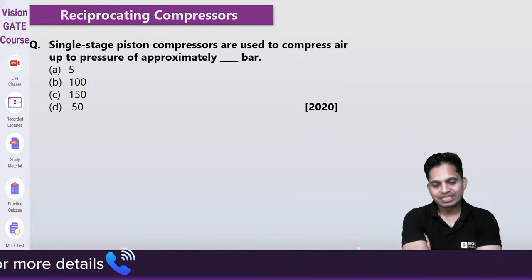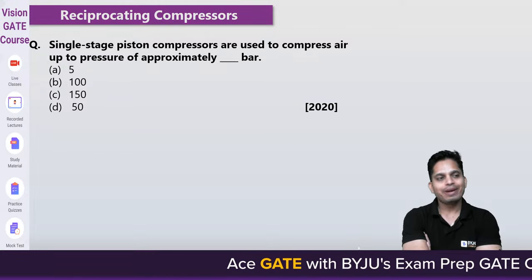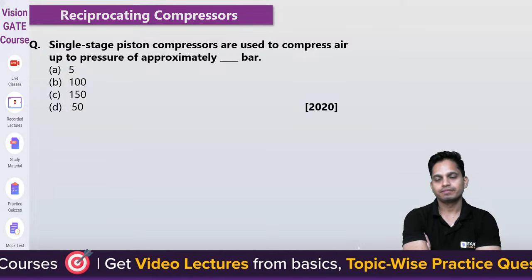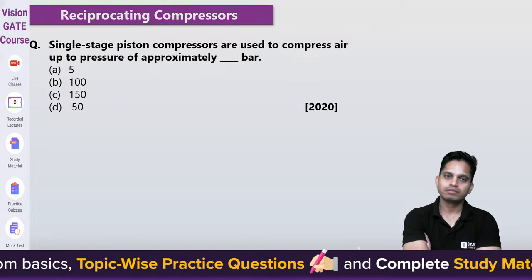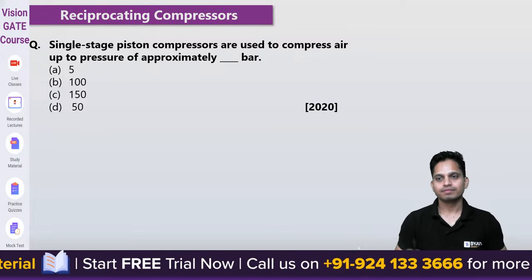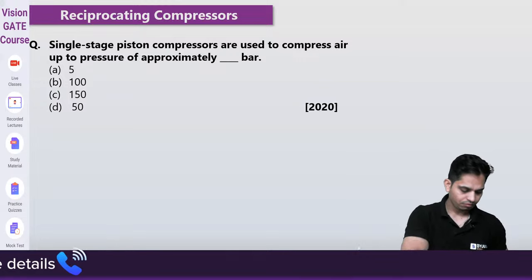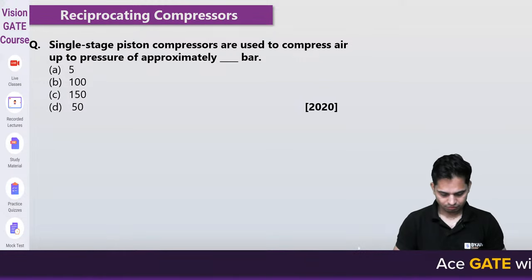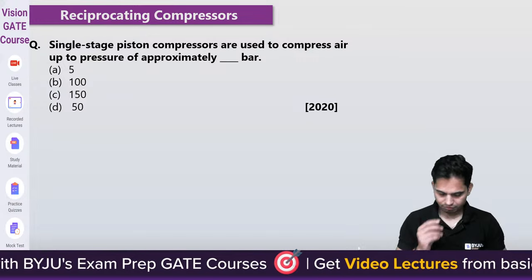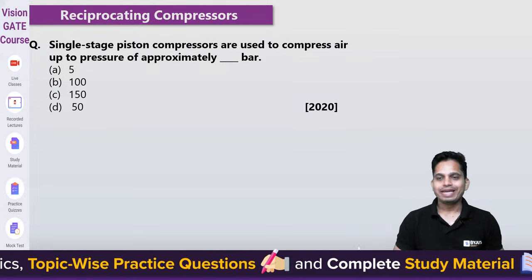Single stage piston compressors are used to compress air up to a pressure of approximately what? Up to what pressure? Yes, up to 5.